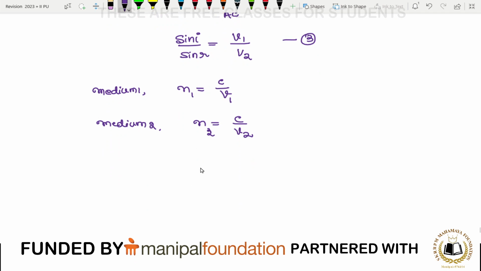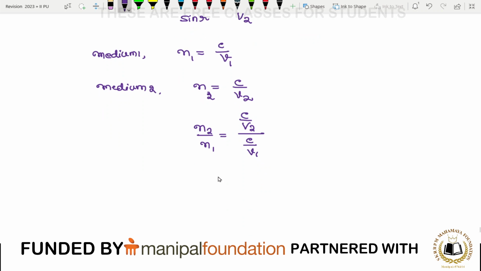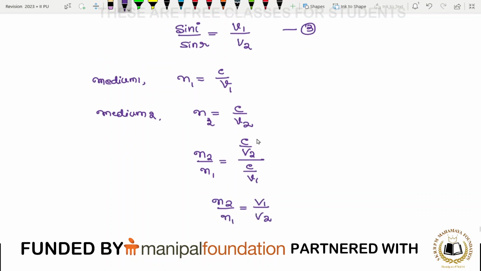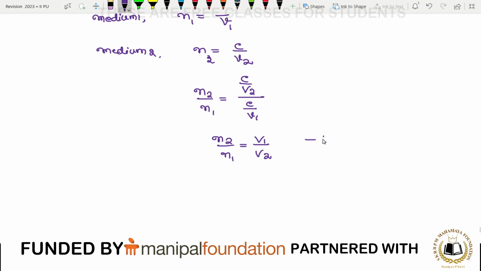If we divide this both, N2 by N1, C by V2 divided by C by V1. So C, C will get cancelled out. That becomes here N2 by N1 is equal to V1 by V2. Equation number 4.